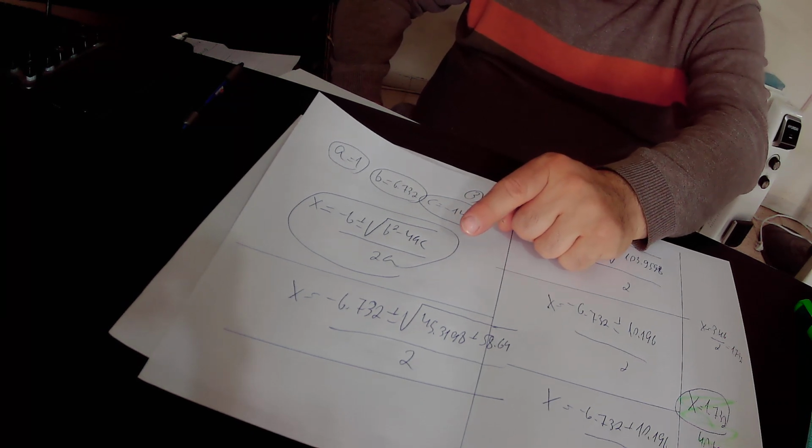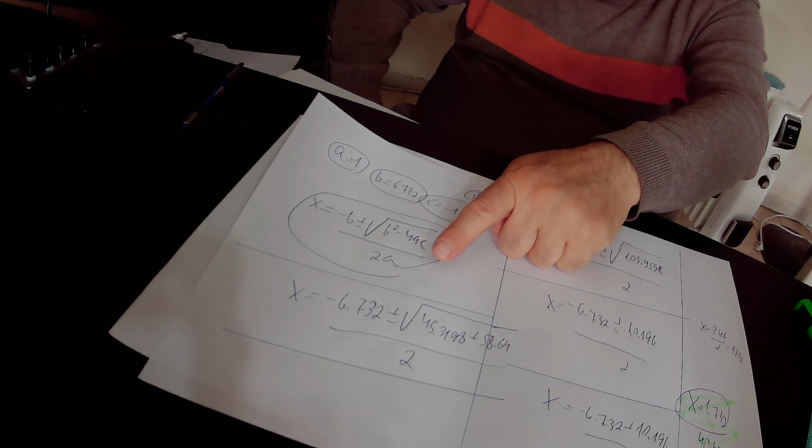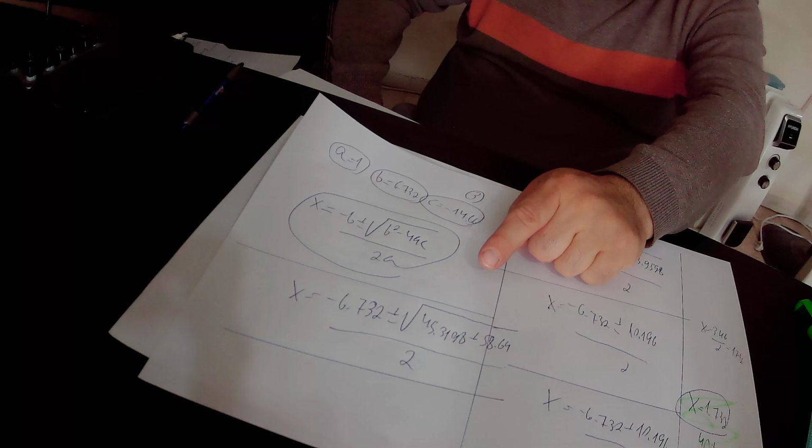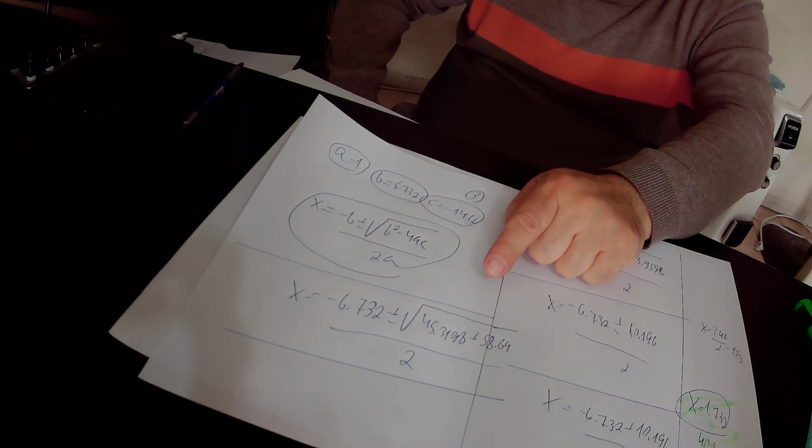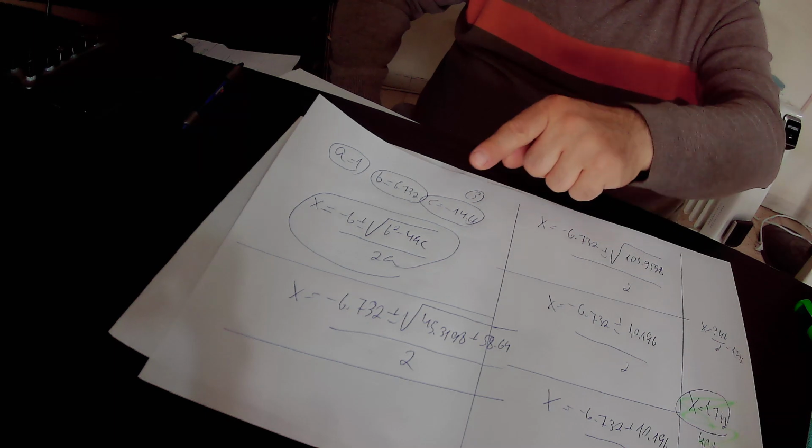b is 6.732, therefore minus b is minus 6.732, plus or minus the square root of b squared. b is 6.732, therefore b squared is 6.732 squared, that is 45.3198, minus 4 times ac.